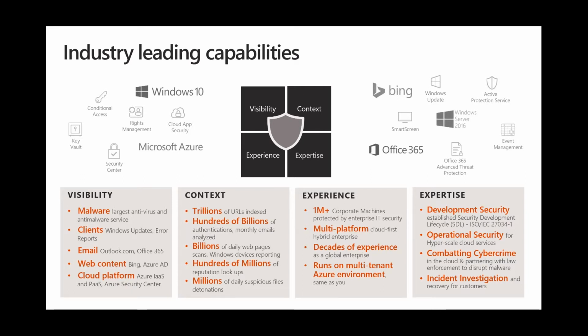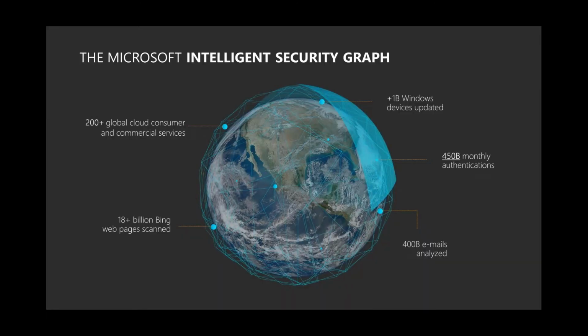What I'm trying to say here is that by having access to this data that is collected through Bing and Azure Active Directory and Office 365, we can help to develop threat profiles on those attackers and to better protect our customers that are also subscribers of Office 365 or customers that purchase Windows or Azure or customers that use Bing, etc. If you boil all this down, it comes down to what we call the intelligent security graph.